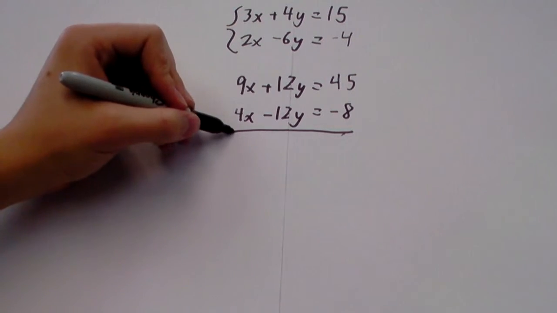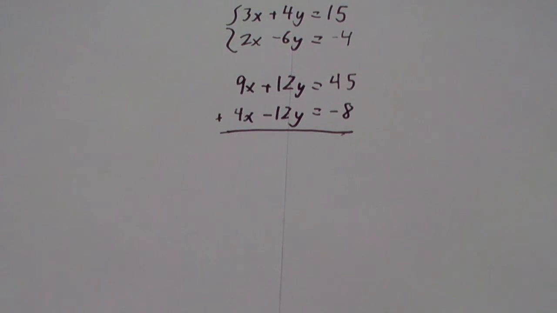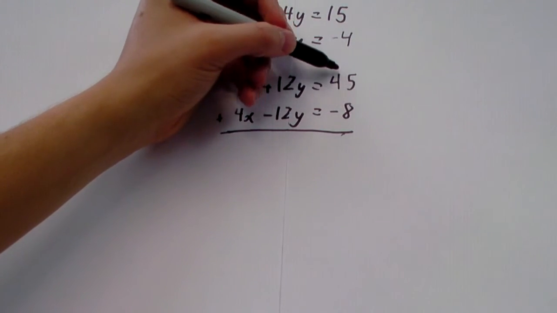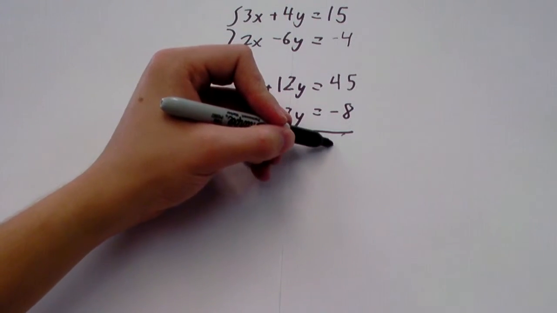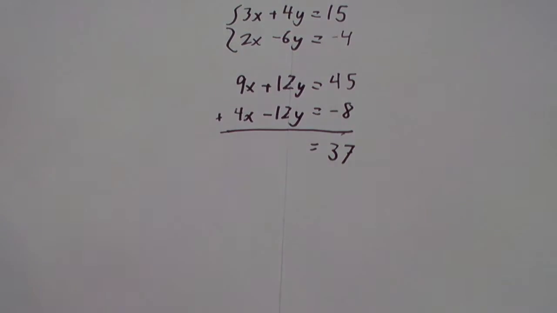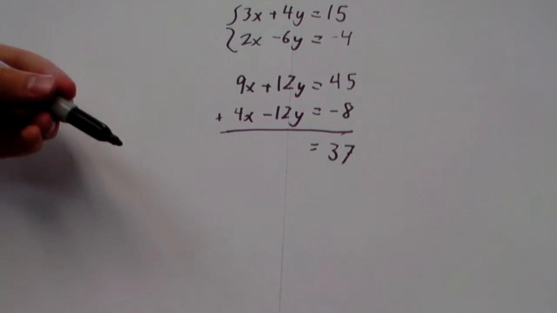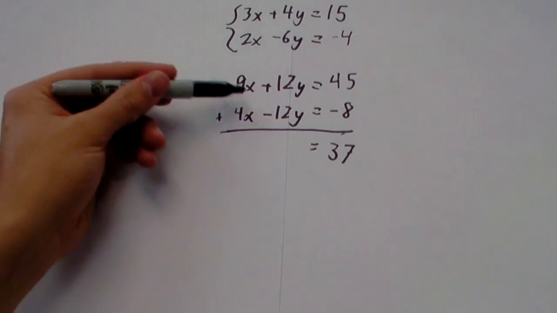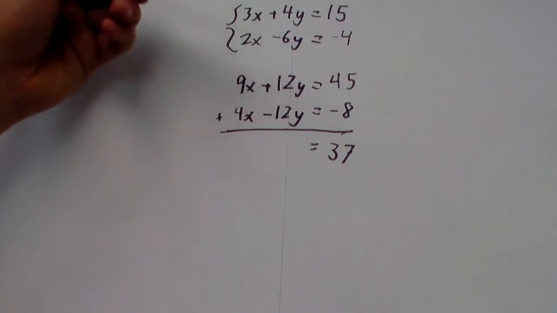Now I'm going to add these together, just like in addition. And on one side of the equation, I'm going to be subtracting 8. So I got 45 minus 8 is 37. And on the other side of the equation, it doesn't look like it, but I'm subtracting 8 on this side of the equation too, because 4x minus 12y is negative 8, and I'm adding negative 8 to this side of the equation.